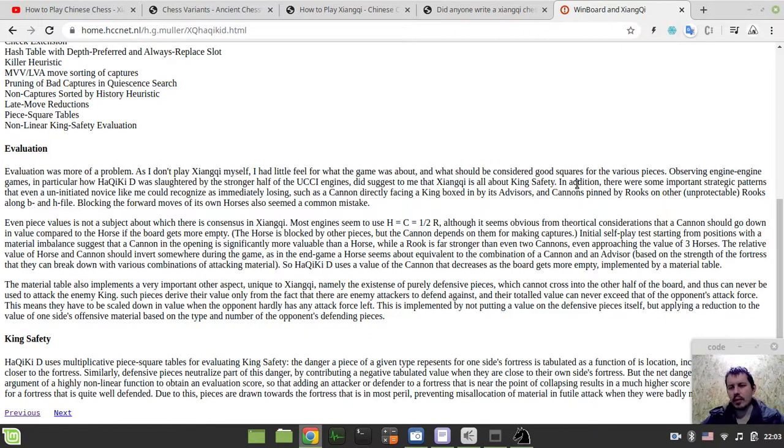In addition, there were some important strategic patterns that even an uninitiated novice like me could recognize as immediately losing, such as a cannon directly facing a king boxed in by its advisors, and cannons pinned by rooks or on other unprotectable rooks.